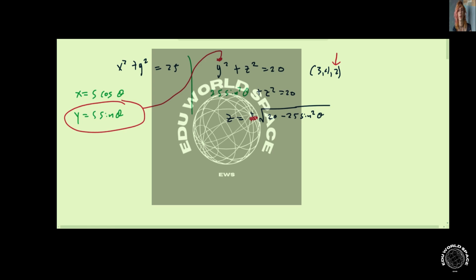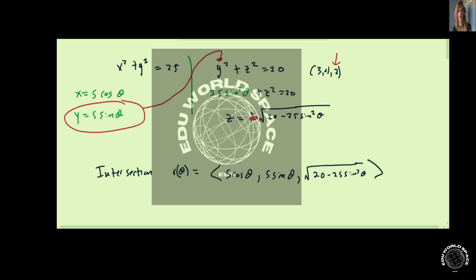So this is what we have so far. We have a parametric equation for these intersections. The intersection we can define as r of theta being 5 cosine theta, 5 sine theta, and the square root of 20 minus 25 sine squared theta.